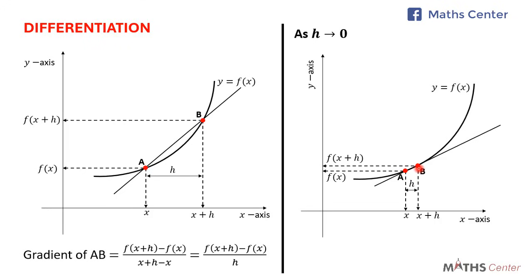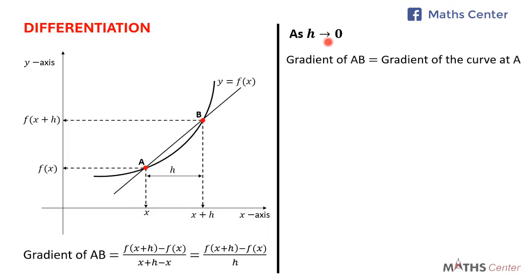So here, if B gets very close to A, that is almost A, then the gradient of the line AB almost becomes the gradient of the curve at point A. So as h gets closer to 0, the gradient of the line joining point A to point B is equal to the gradient of the curve at A. This is very important because this will form the basis of everything we are going to learn here.